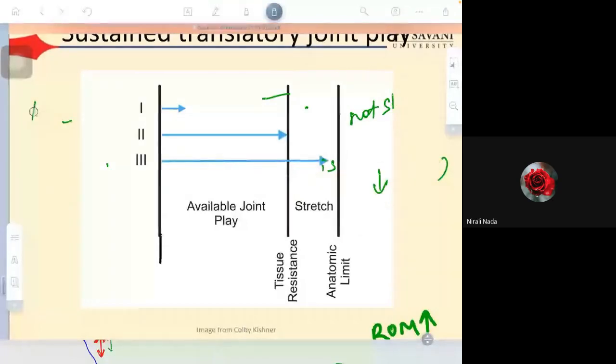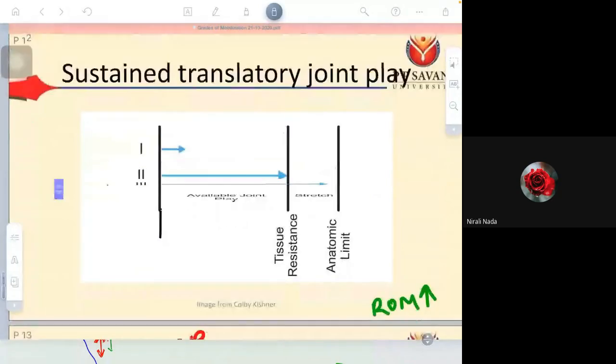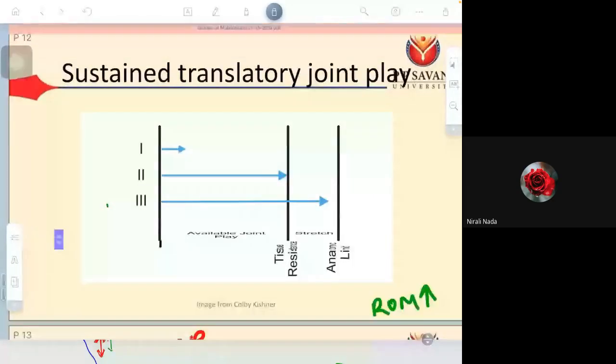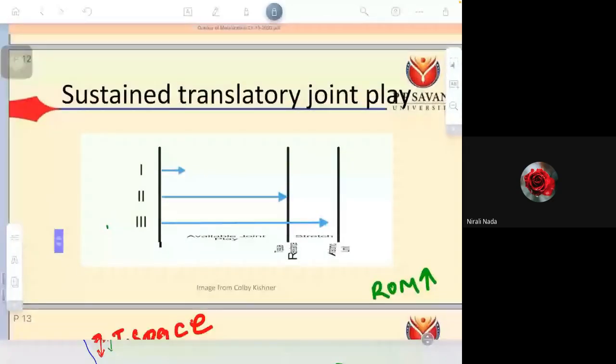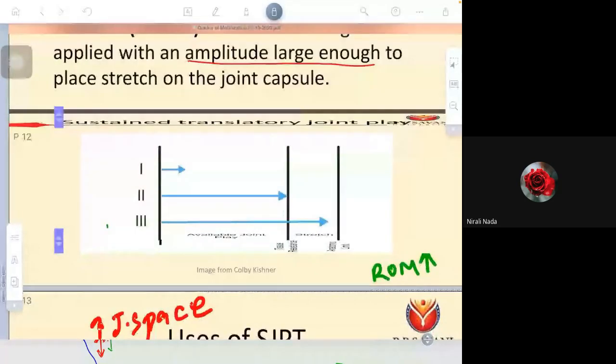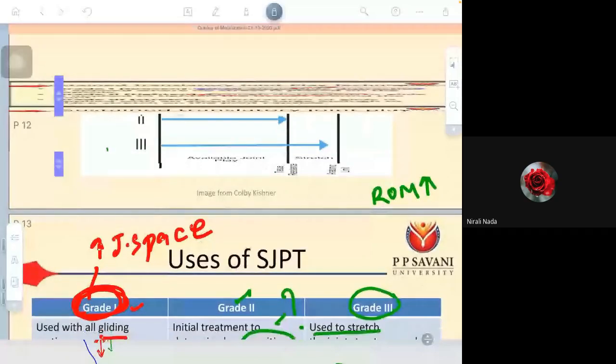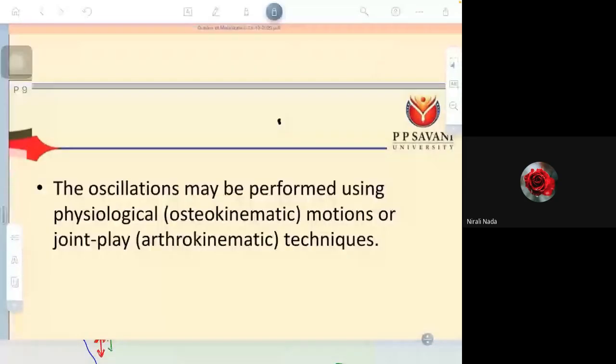So now, comparison. How we will compare the grades.